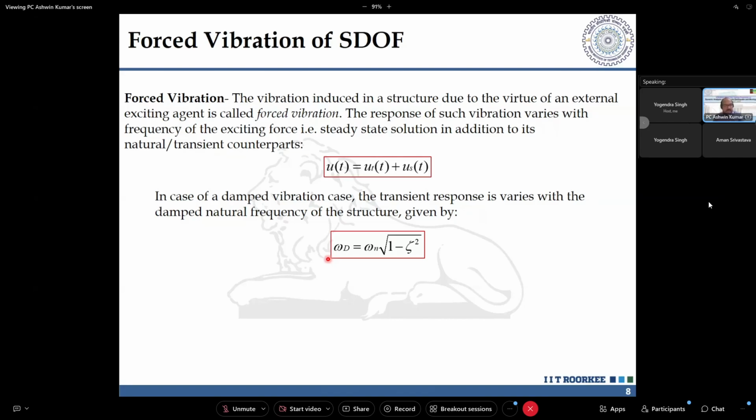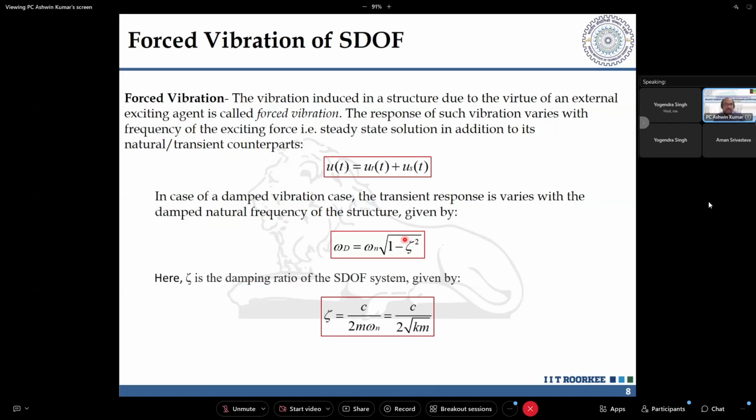But when we consider a damping ratio in the range of 0 to 20%, if we use this particular formula, we know that there is not much difference between the two. So that is why we see in the textbooks that people go with the natural frequency itself even for a damped structure. And then the damping ratio, as I earlier mentioned, is the one that we measure experimentally through the logarithmic decrement method or half power band method. And that is related to the damping coefficient that is used in our equation of motion, right?